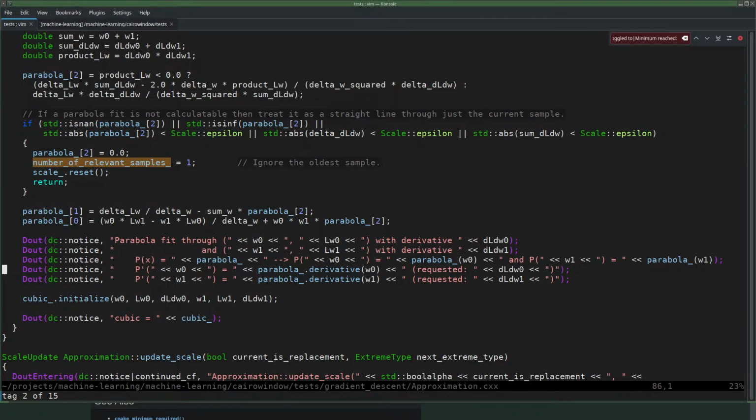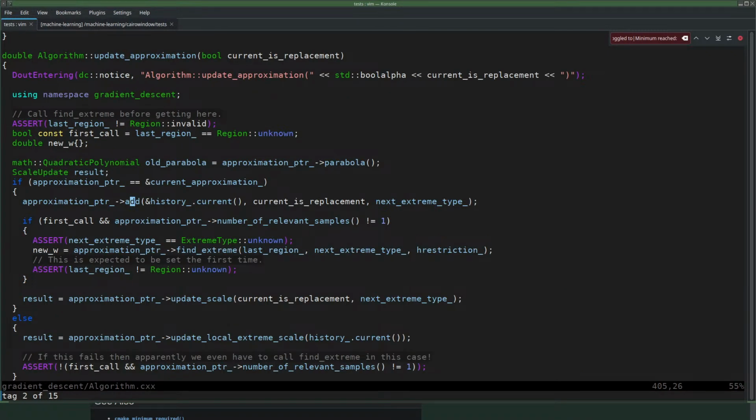So it's set to 1 or 2, which means that if it is unequal 1, then it must be 2, because it's not 0.